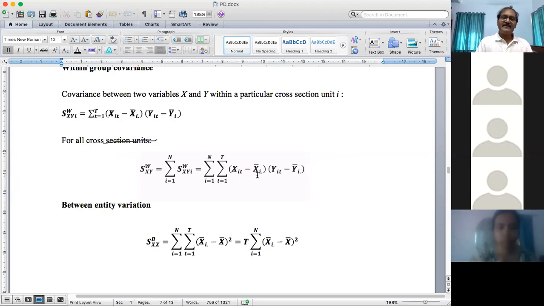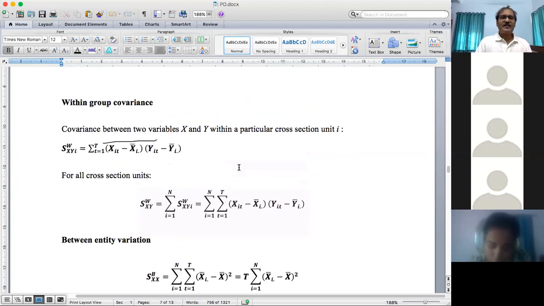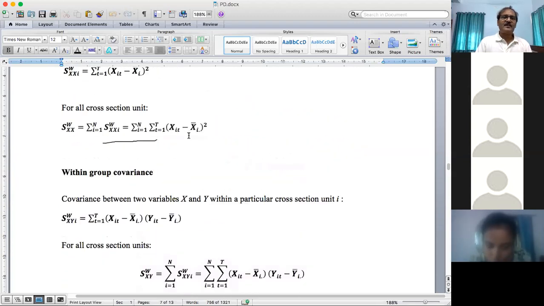So if we take the deviation of the within group mean value from the particular data point, you get the within group version of the covariance and the within group version of the variance. So try to understand the meaning of this term within group variance. In that case, we have to take the deviation of the within group mean from the data point x it.